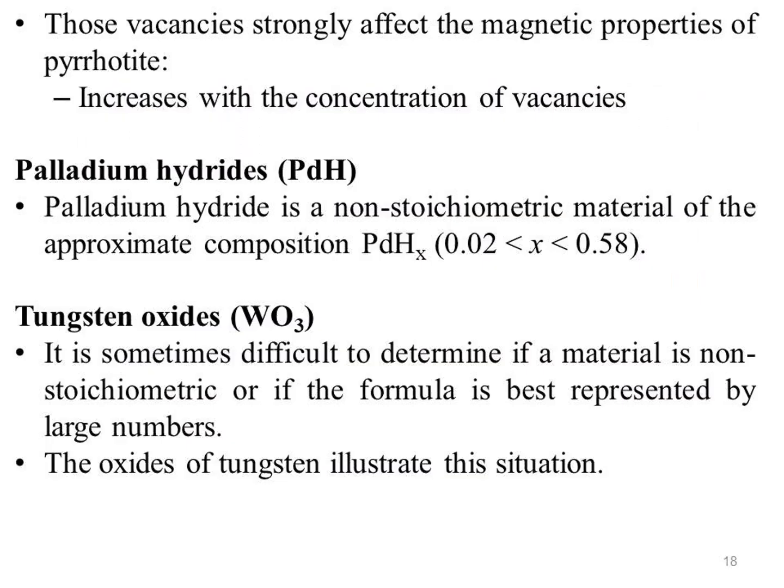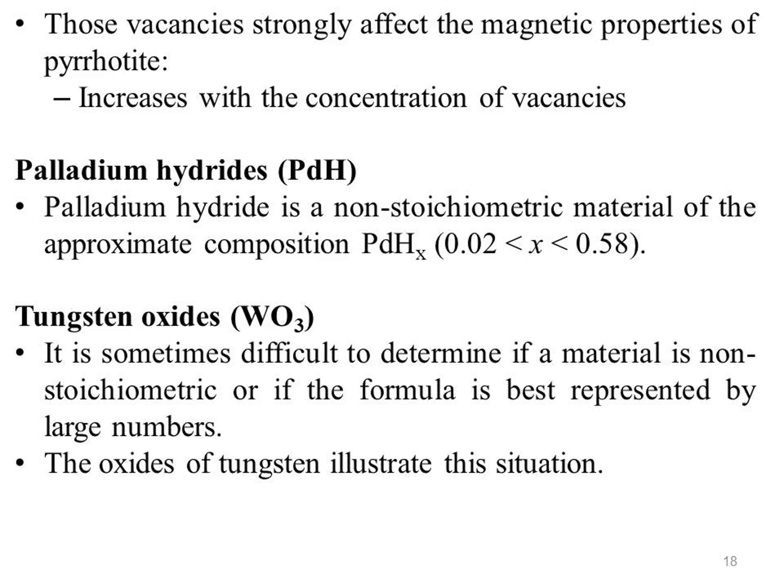This means the iron vacancies are not randomly scattered over the crystal but form certain regular configurations. Those vacancies strongly affect the magnetic properties of pyrrhotite. Magnetism increases with the concentration of vacancies and is absent for the stoichiometric FeS.